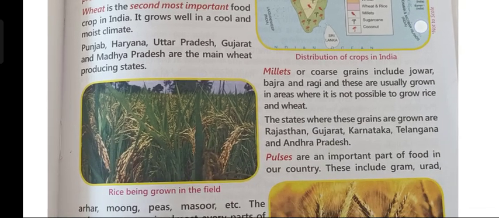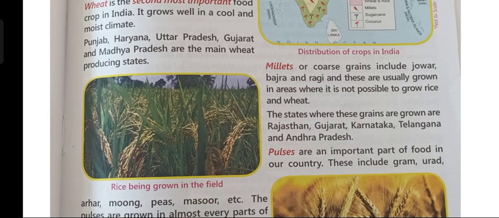Now, next we will study about millets. Millets or coarse grains include jowar, bajra, and ragi. And these are grown in areas where it is not possible to grow rice and wheat. The states where millets are grown are Rajasthan, Gujarat, Karnataka, Telangana, and Andhra Pradesh. So, children, millets are also known as coarse grains, and examples of millets are jowar, bajra, and ragi.